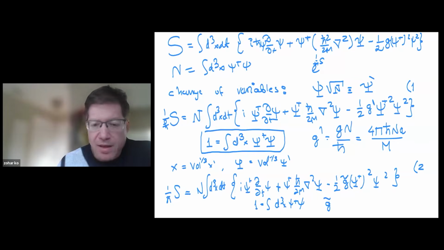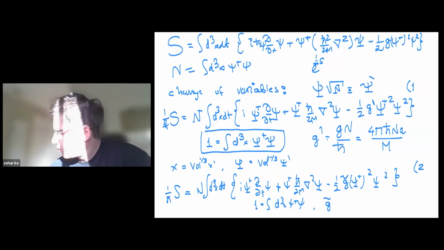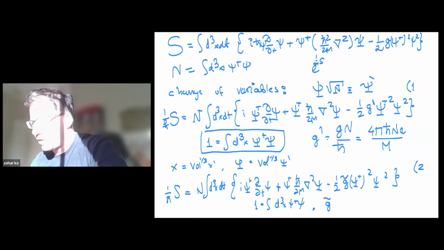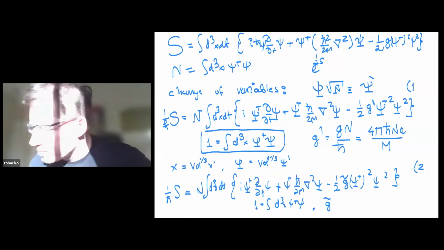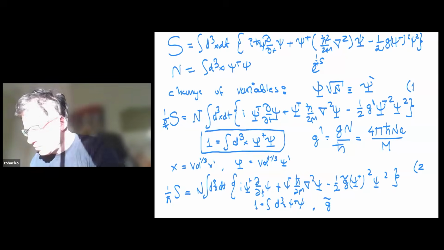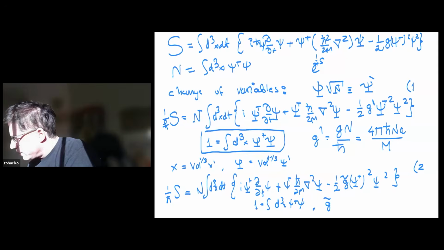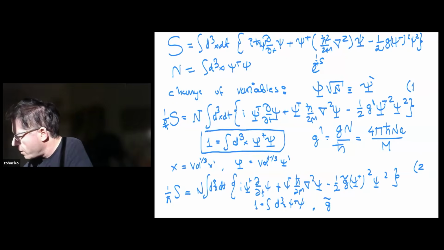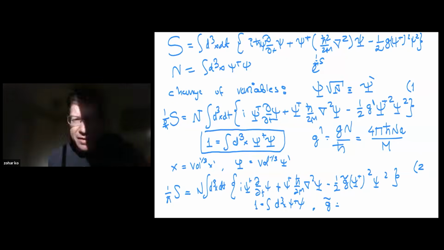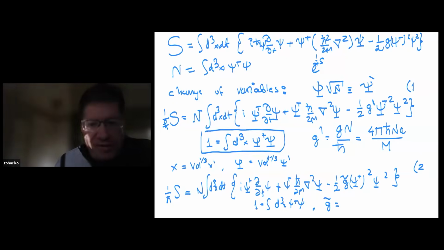It's just 1. And g twiddle is essentially like g prime, but divided by the volume of the space.